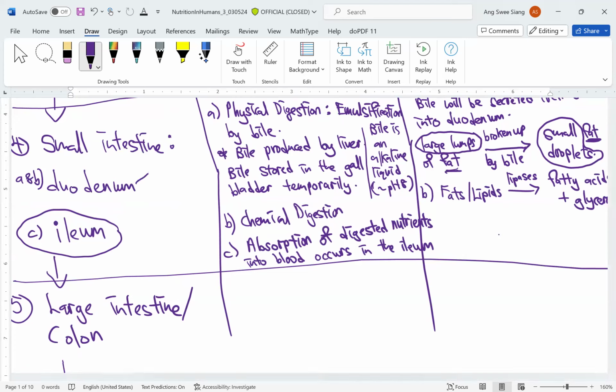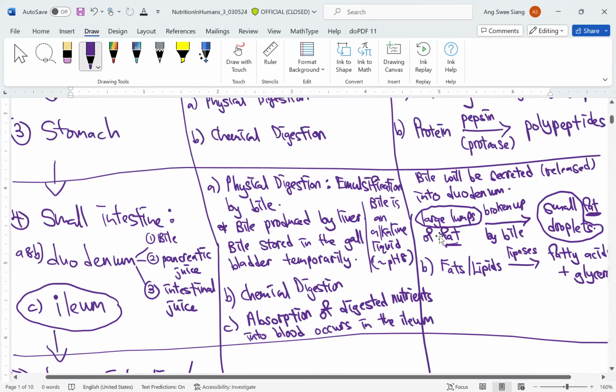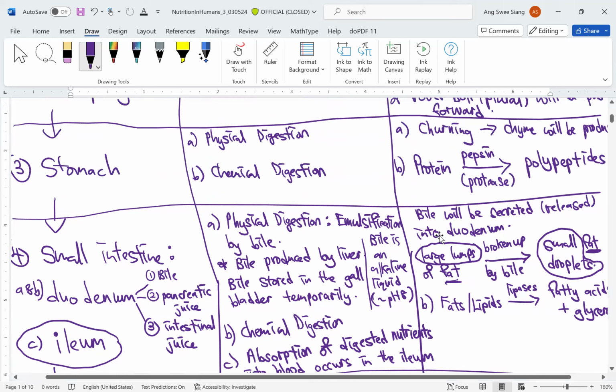Maybe I add in one more detail. In the duodenum, you have three different digestive juices. First one, bile. Second, pancreatic juice. Third is the intestinal juice. Then just now I forgot to add in the detail for the stomach.